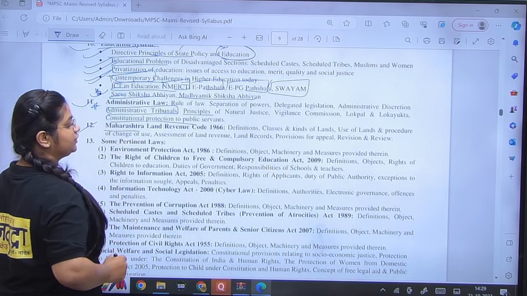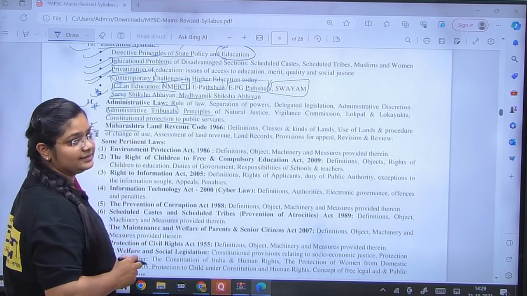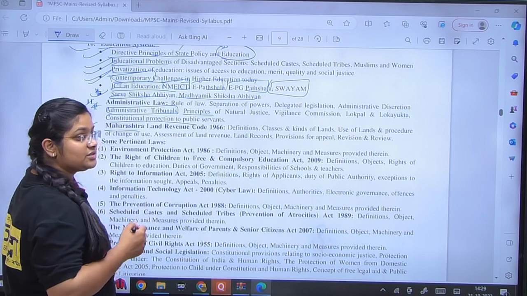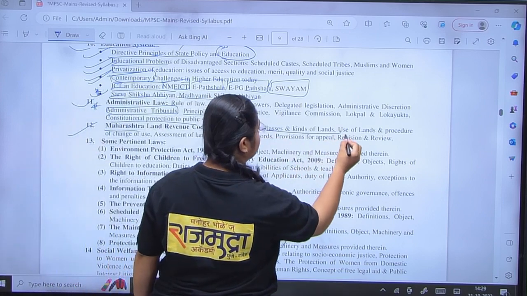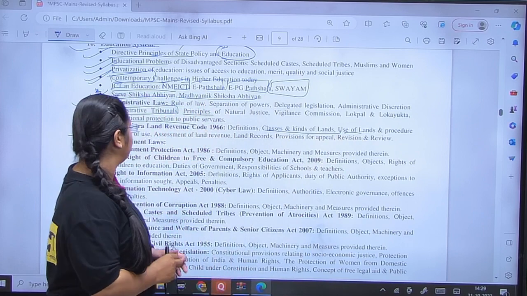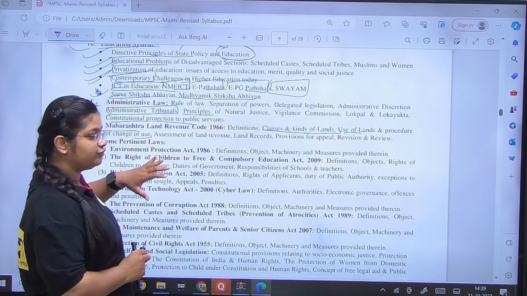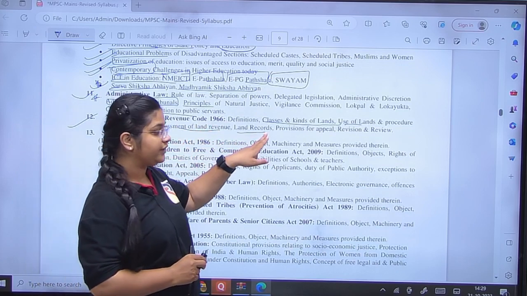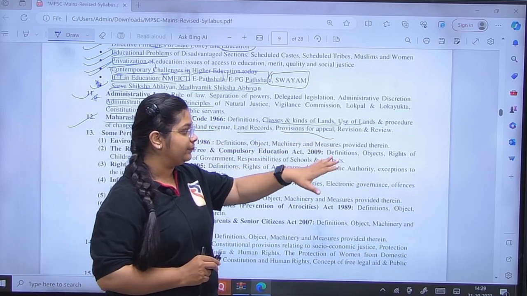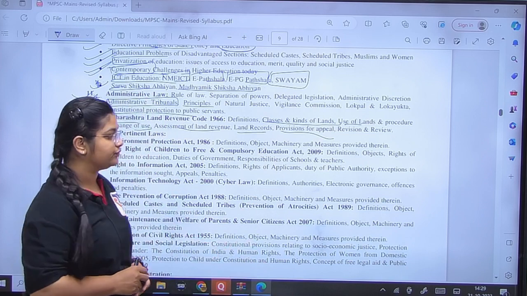Next, the Maharashtra Land Revenue Code of 1966. What is the definition? What classes and kinds of lands are there? Then use of lands and procedure for change of use, assessment of land revenue, land records, and provisions of appeal, revision and review.